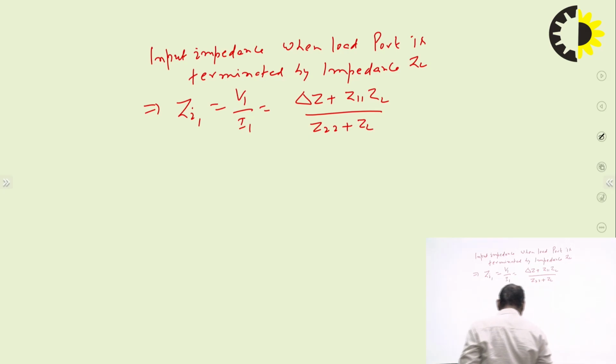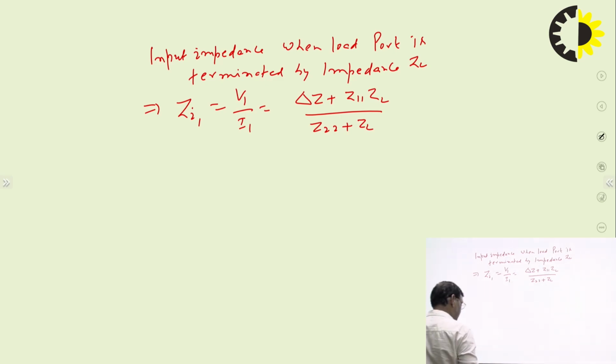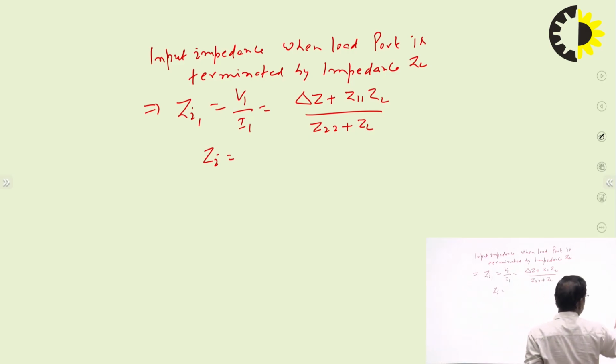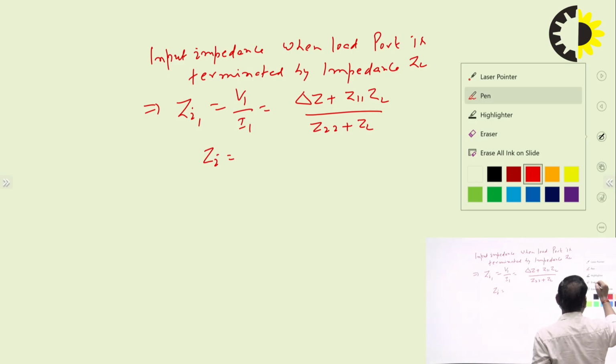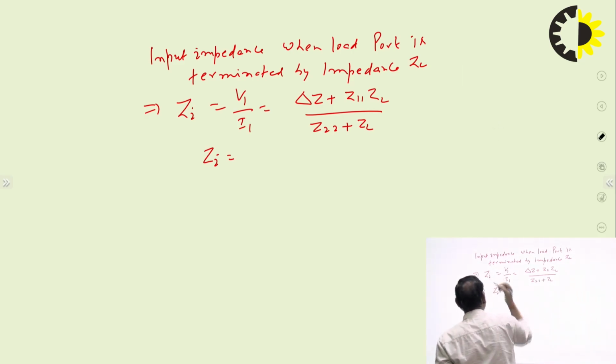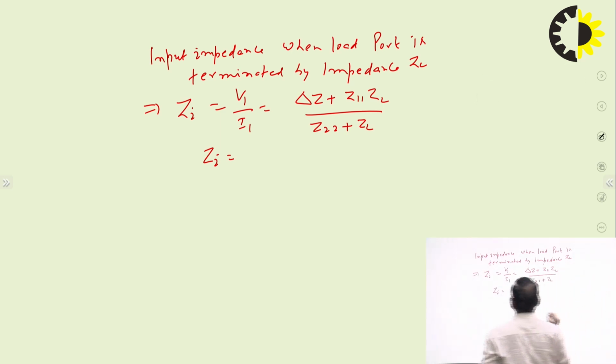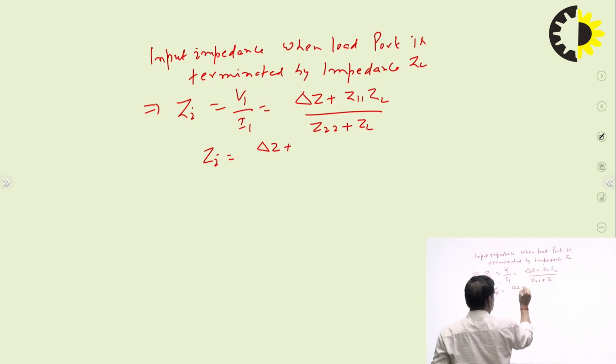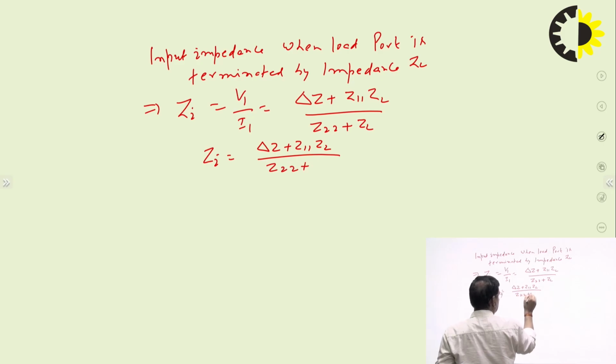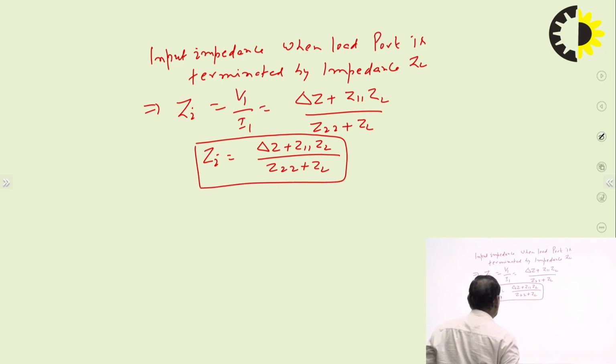So this is your input impedance. So Zi is delta Z plus Z11 ZL upon Z22 plus ZL. So this is the input impedance when the load is terminated by impedance ZL.